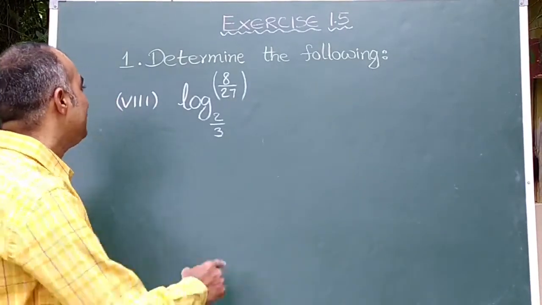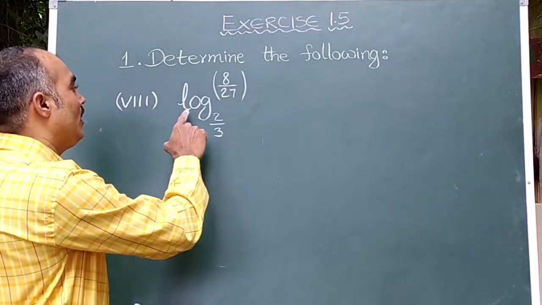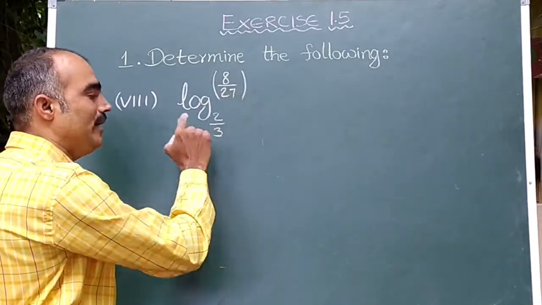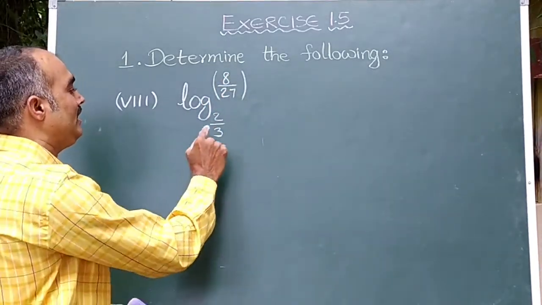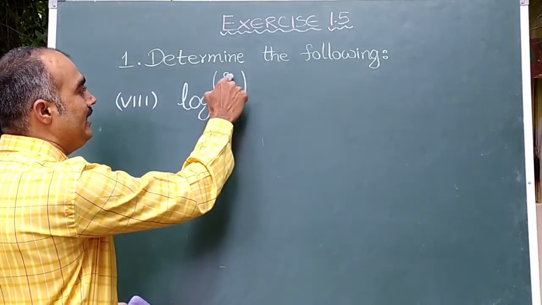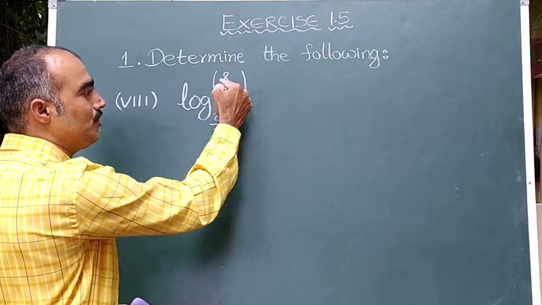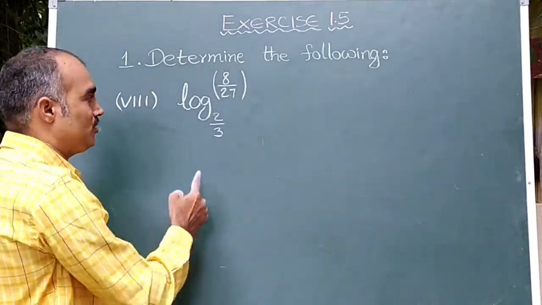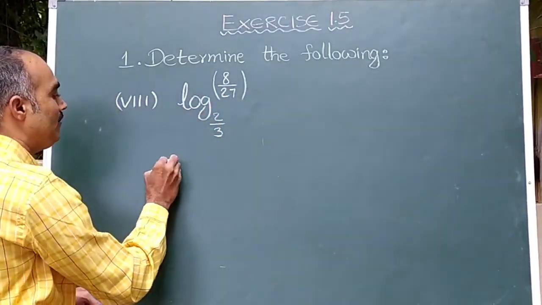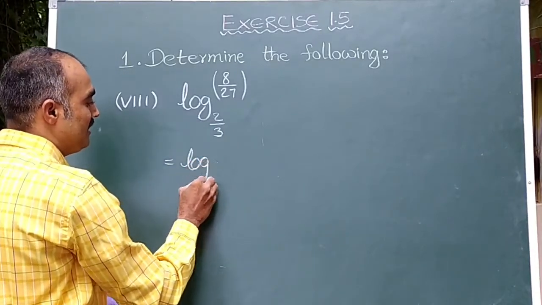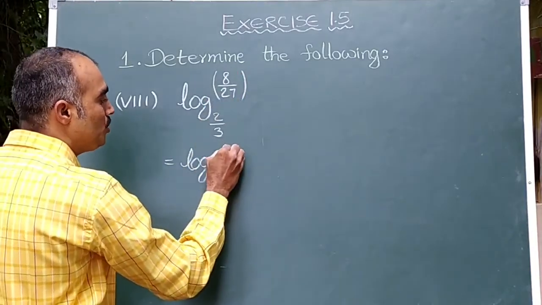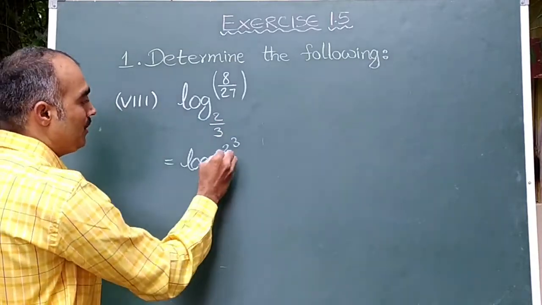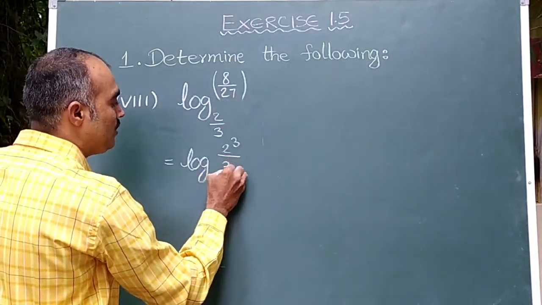Now let us see the next bit, that is the 8th bit, log 8 by 27 base 2 by 3. See here, if you observe, here 2, 8. 8 is nothing but 2 cube, right? 27 is nothing but 3 cube. So here, without wasting much time, let us write it directly. See, I am writing 8 as 2 cube, by 27 as 3 cube.